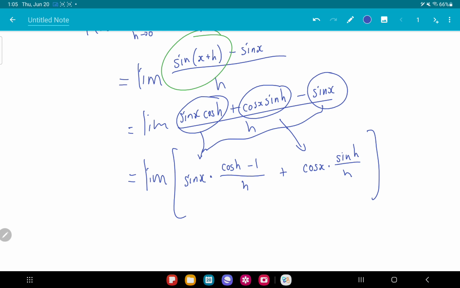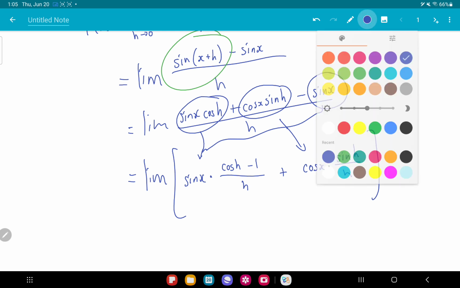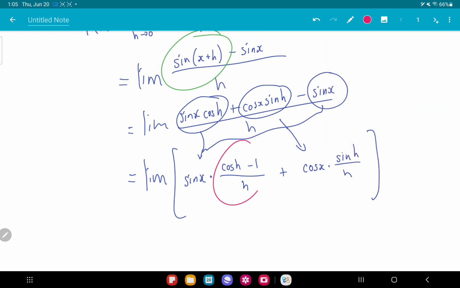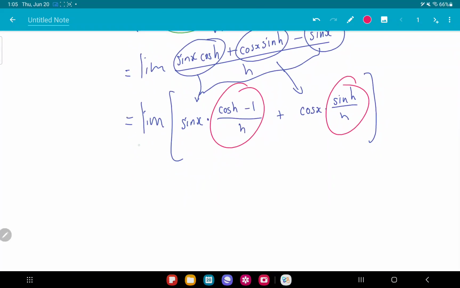Anywho, why did we do this? Well, look what has appeared. This and this are actually limits, or the limit of these fractions are things we saw when we looked at limits. The limit of this one is 1 over here, and the limit of this one over here is 0.